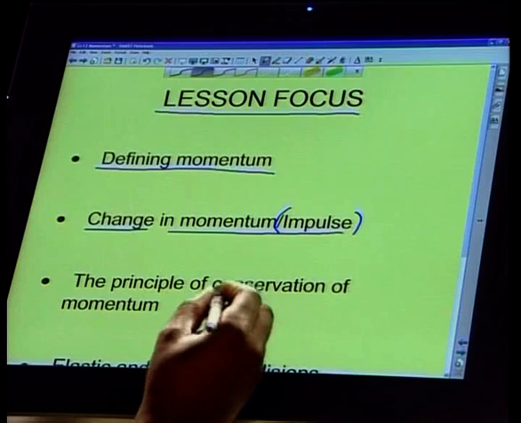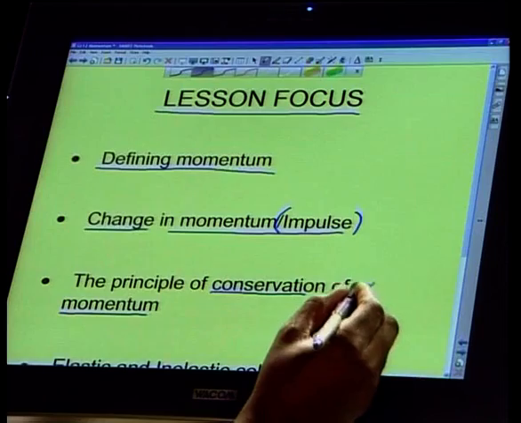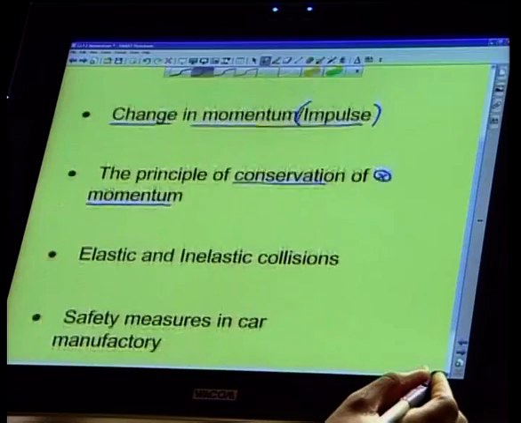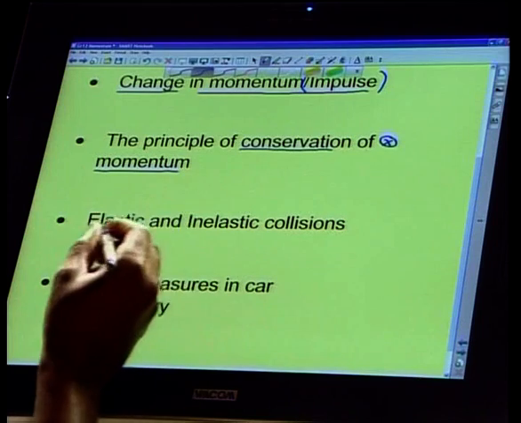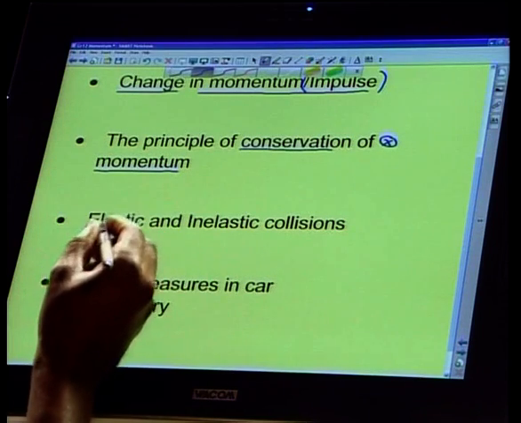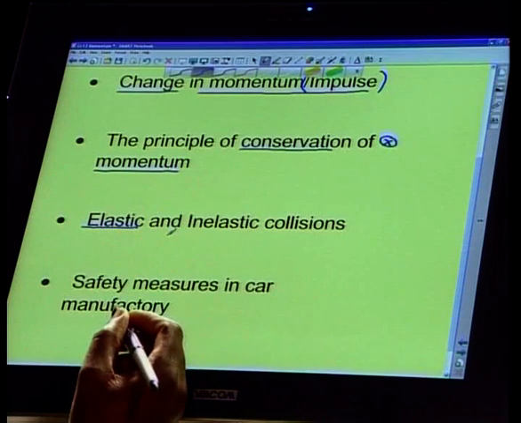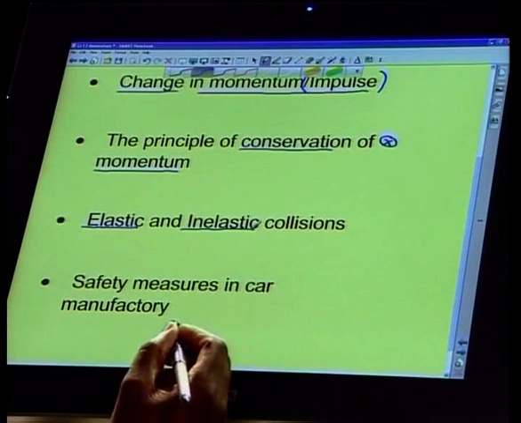The principle of conservation of momentum. This is one other very important section in momentum that you need to know in order to be ready for the end of year exams. We will also be talking about types of collisions. There are two types of them: elastic collisions and inelastic collisions.